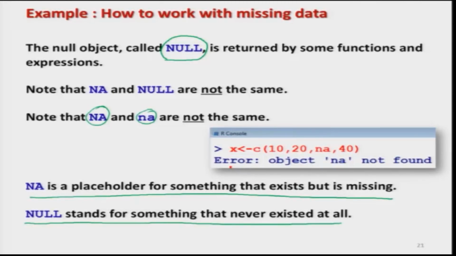But in case I use the word NULL, this NULL stands for something which never existed. So, that is the difference between the use of NA and NULL, which we have to be careful about while using them.